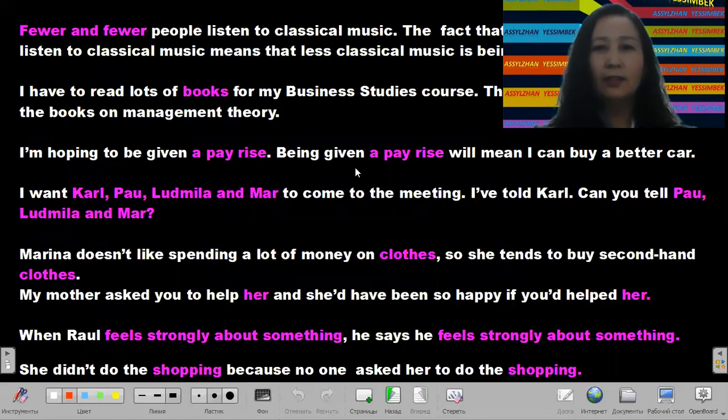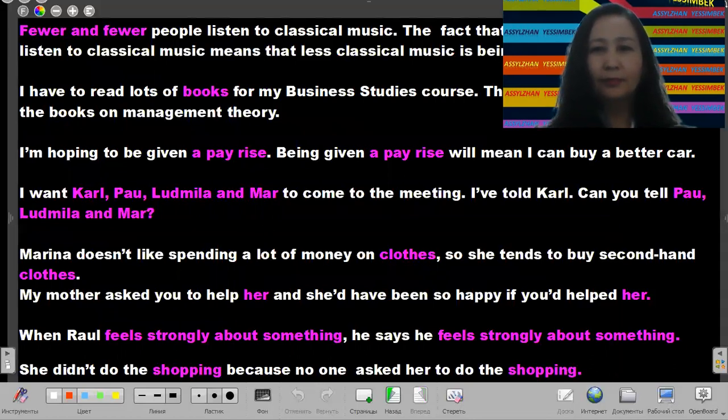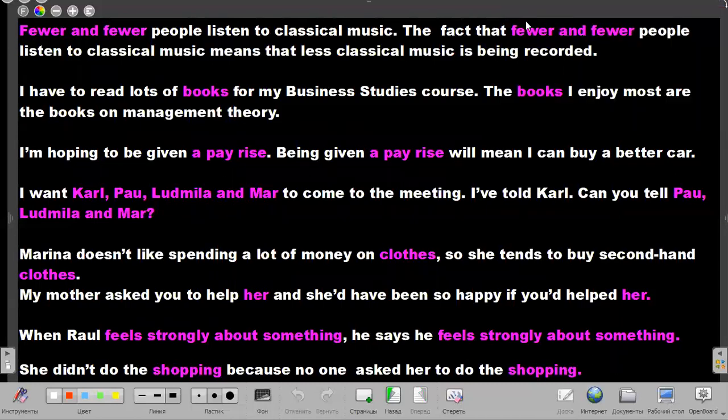So, and these sentences are for you. Fewer and fewer people listen to classical music. The fact that fewer and fewer people listen to classical music means that less classical music is being recorded. In these two sentences, you should avoid fewer and fewer.